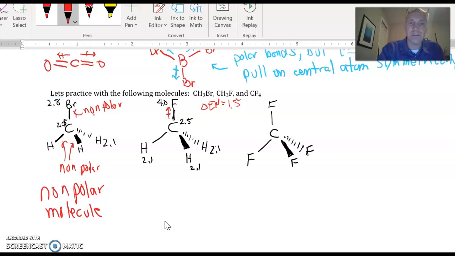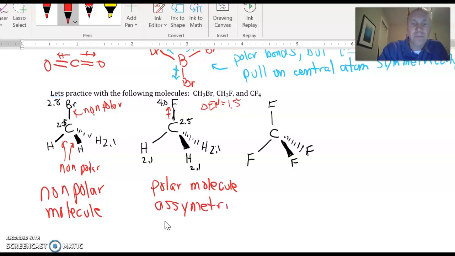The top part of this molecule would be delta negative. So this is a polar molecule, and the reason that it's polar is because it has asymmetrical polar bonds. So it's got polar bonds, but they don't get canceled out. There is an overall direction that they get pulled.